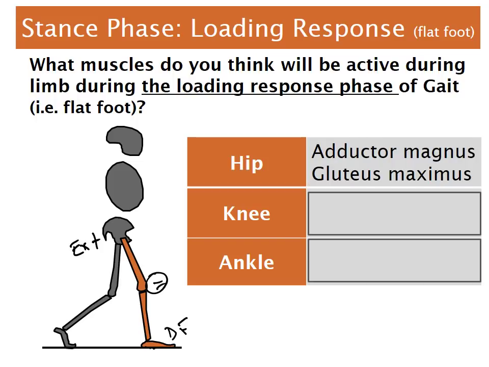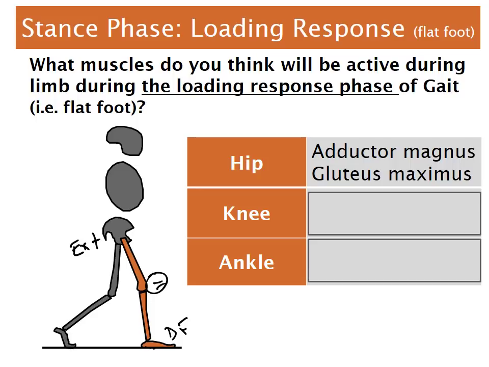And then also the adductor magnus. So recall that if you are in a fully flexed position, that adductor magnus gets lengthened and now has the ability to do some extension of the femur at the hip, at least to the neutral position. So from a flexed position into a neutral position.